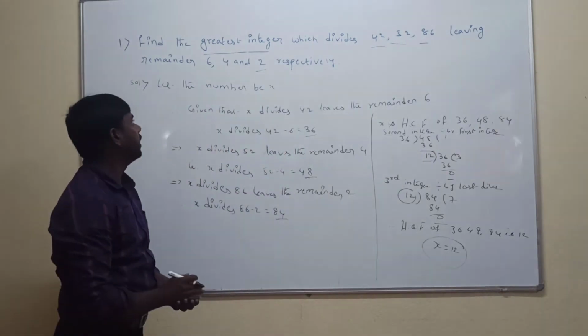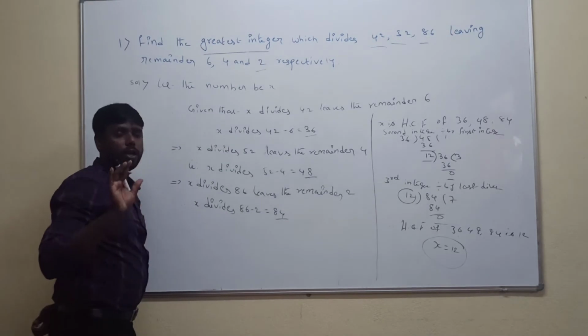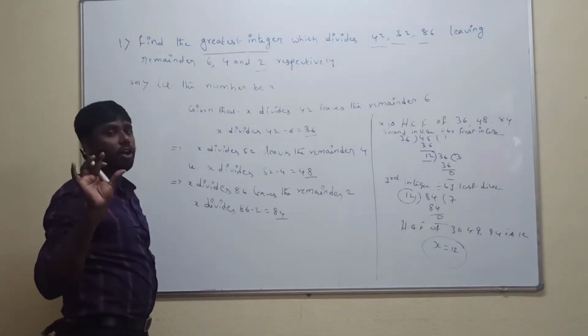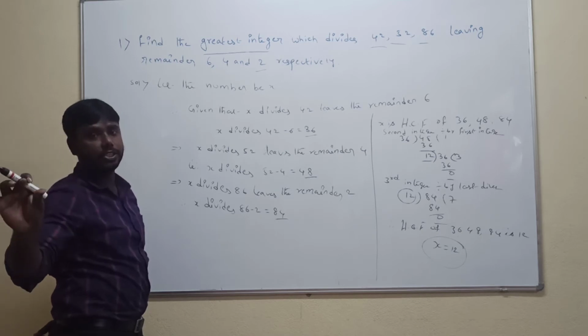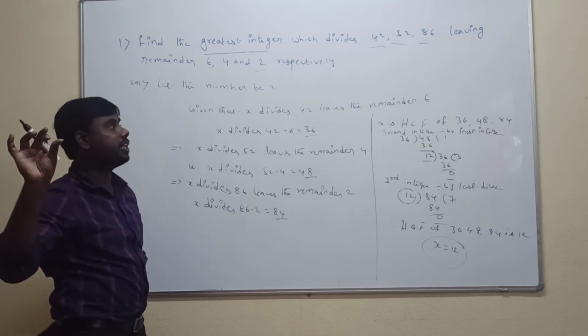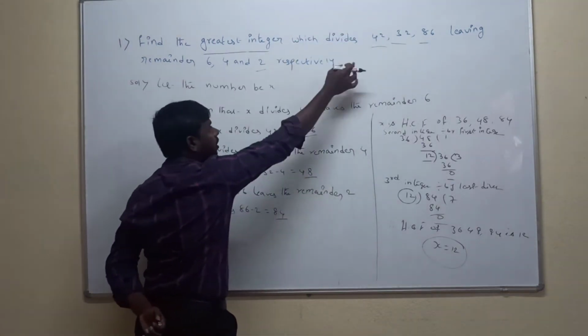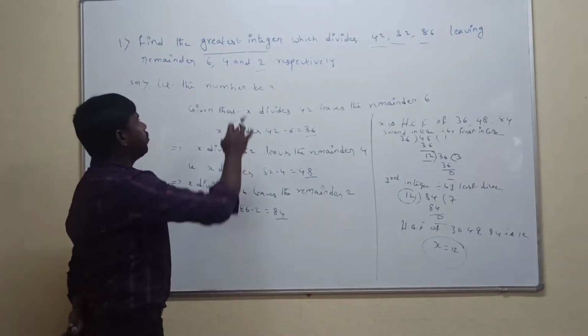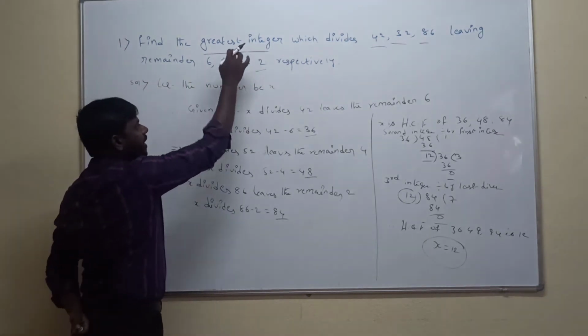Everyone understood? Here they are asking to find the greatest integer, which is definitely divisible by the given numbers. You don't know the greatest integer, so you assume the number to be x.